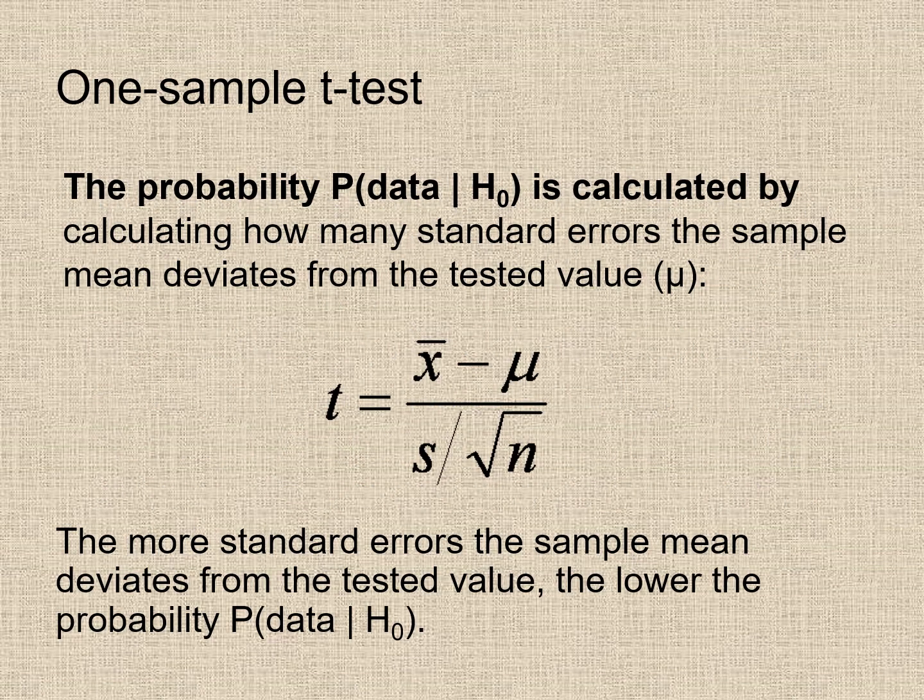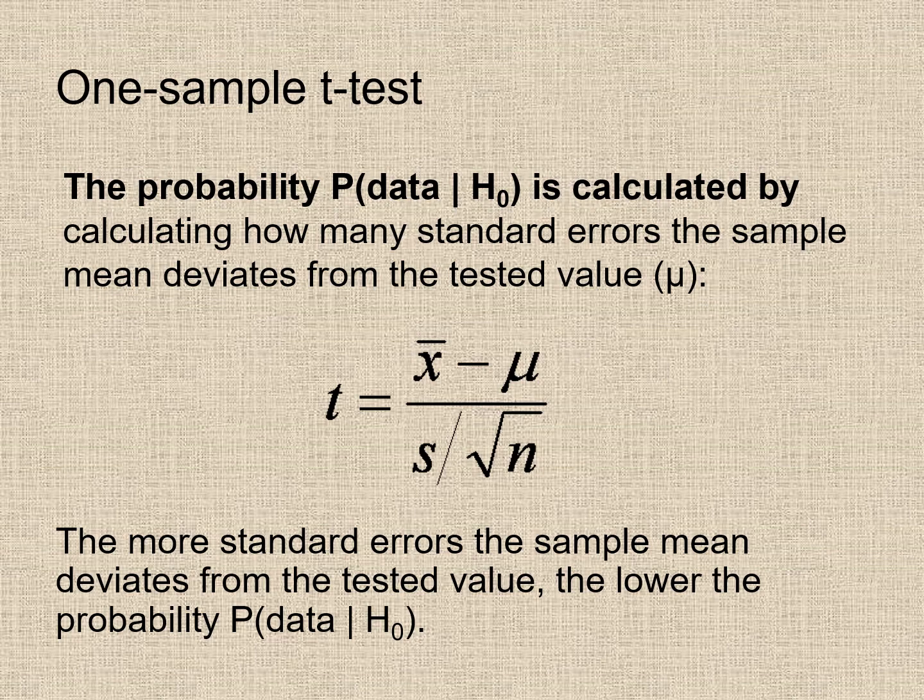And how do we calculate this p-value? Well, we do it with this formula that we have seen before. So we calculate the t-value. We calculate how many standard errors, that's the denominator in the formula, the sample mean, x bar, deviates from the tested value mu.